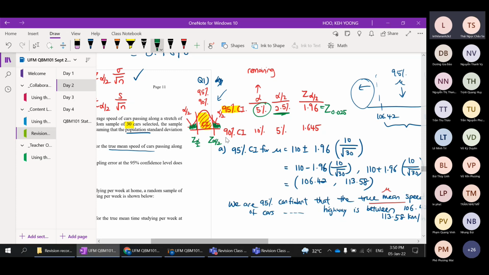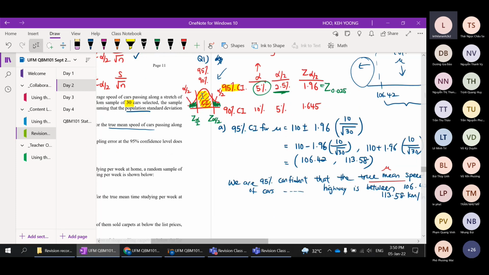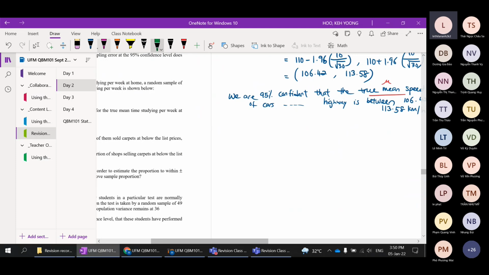I'm not sure about 5%. The 5%, do you need me to draw it bigger? First you need to understand the whole area. The whole area is 100%. You cannot say that your whole area is 150.